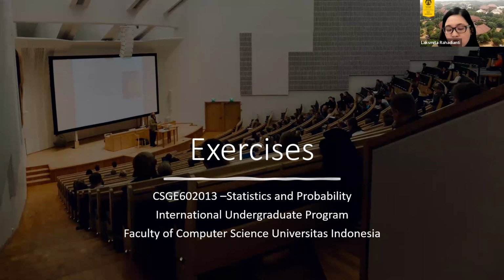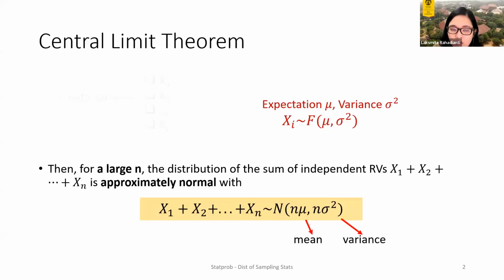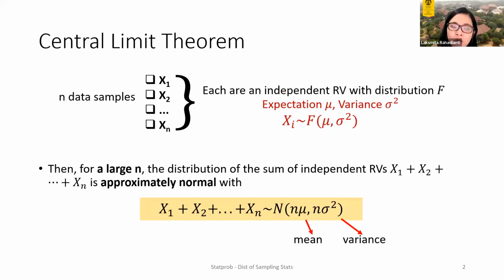As a short refresher, I'm going to remind you about the main points of what we learned in the last 2 weeks. First of all, we learned about the central limit theorem. I gave you another video last week to introduce the concept.